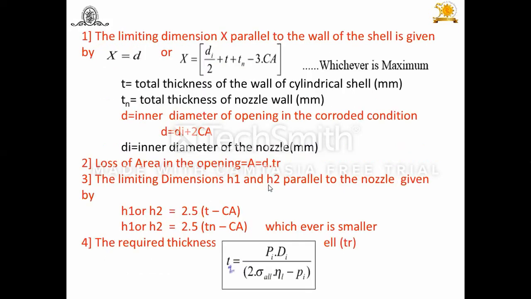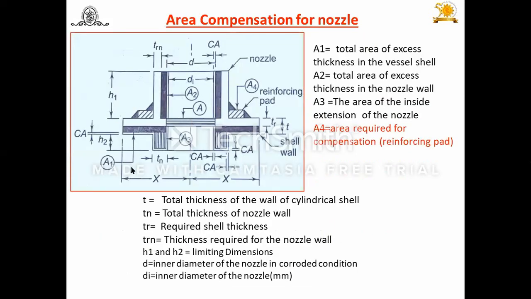Now what is A1? Look at the diagram. Here A1 means the excess area which is added to the cylindrical shell. A1 is the total area of excess thickness in the vessel shell. Vessel shell means it is added in Tr here. That we have to find out. And how to find it?